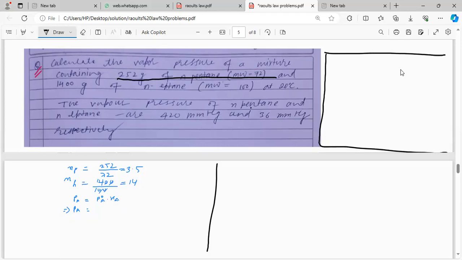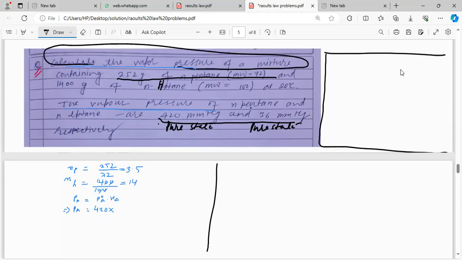The vapor pressures of N-heptane and N-pentane are given respectively, these are the pure state. Calculate the vapor pressure of the mixture. Vapor pressure of the mixture is the total vapor pressure.